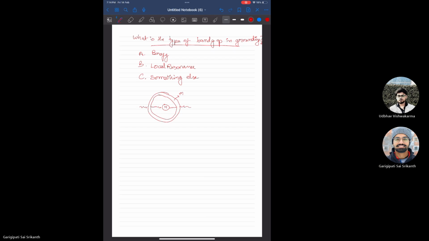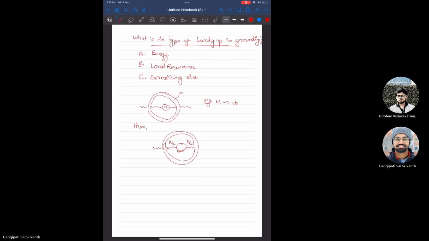Now, if capital M tends to infinity, is what you're saying, then it's a very good answer. Then essentially what you're saying is that this is grounded here.